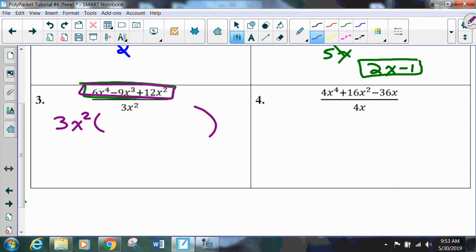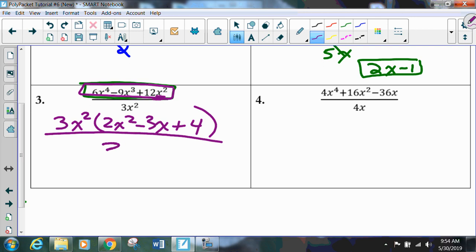All right, let's see what's left. 3x squared times what is going to give me 6x to the 4th? 2x squared. 3x squared times what is going to give me negative 9x cubed? Negative 3x. 3x squared times what is going to give me 12x squared? Just a 4. So remember, when what we factored out is the same as the variable at the very end, we just need to write a number, because 3x squared times 4 gets us back to 12x squared.